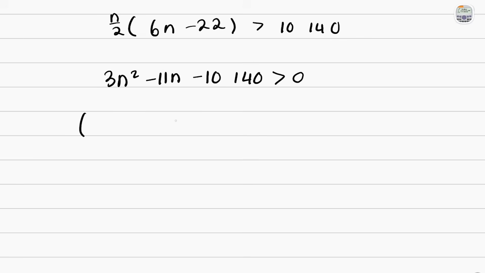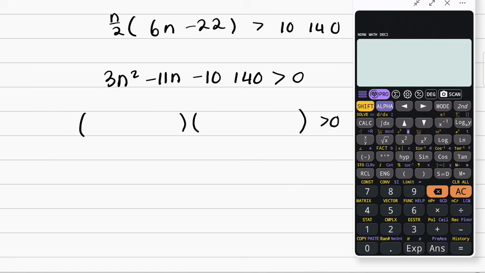Okay, so to quickly factorize this, I'm actually just going to do this in a quick method. So it's not really factorizing. It's using the quadratic formula, but I'm just going to use the factors that we get from it. So if we put in the quadratic formula, x equals negative b. So negative b, and b is negative 11. So it's minus negative 11 plus or minus, I'll start with the plus, the square root of b squared minus 4ac.